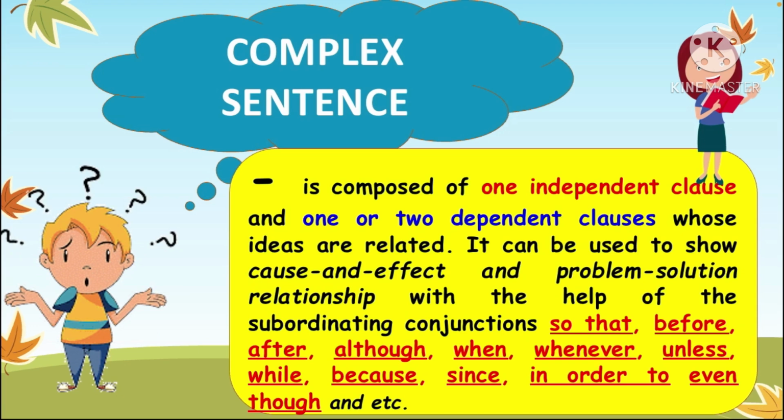It can be used to show cause and effect and problem-solution relationship with the help of subordinating conjunctions, such as before, after, although, when, whenever, unless, while, because, since, in order to, even though, and etc.